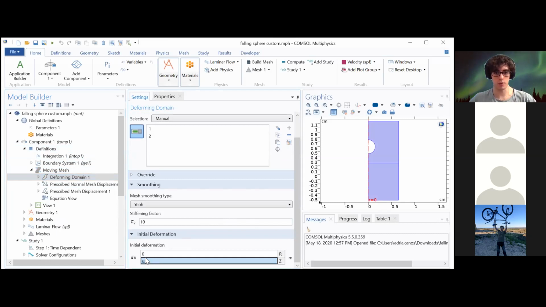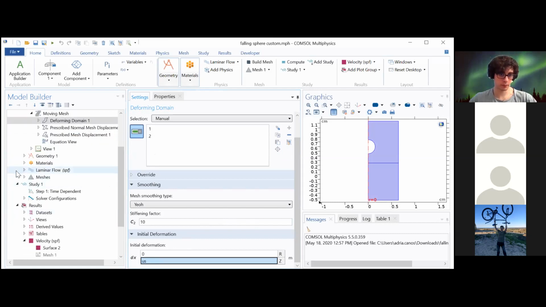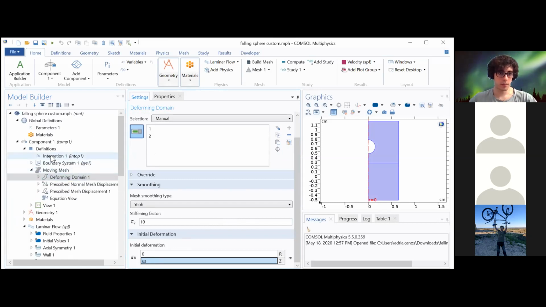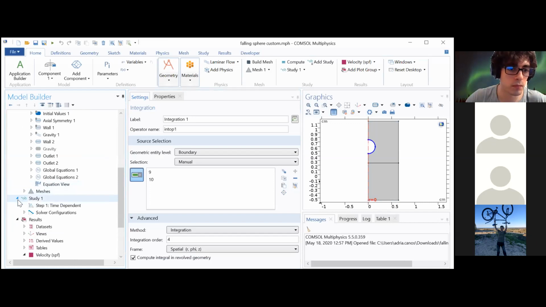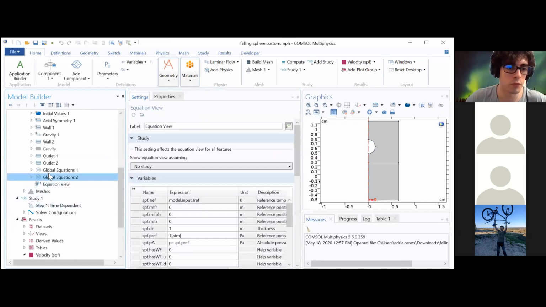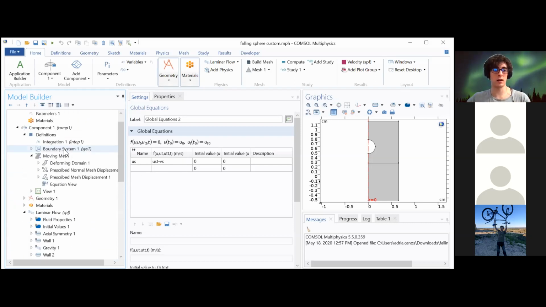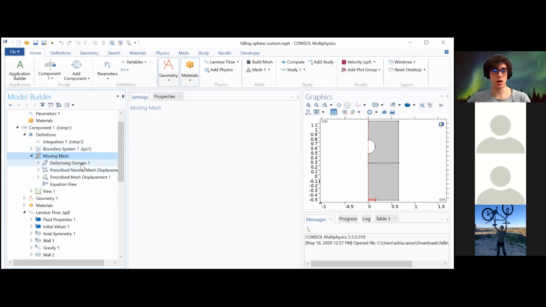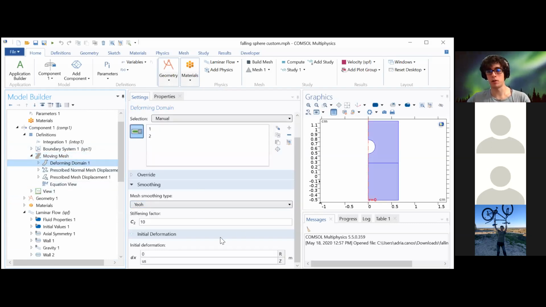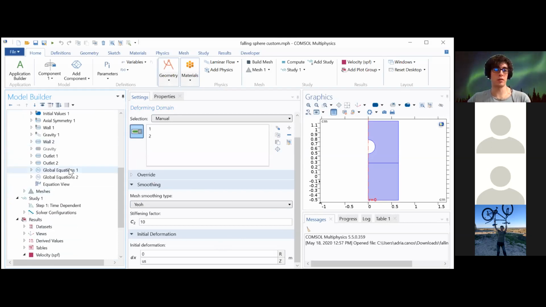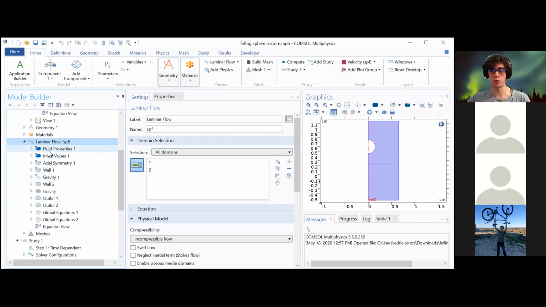Here I added a variable US, which corresponds to the solution of the global equations that I also defined here. US is a solution to the differential equation that corresponds simply to the force balance. Then you can add it in the moving mesh as a prescribed deformation of the mesh. And with this, you solve the laminar flow for the fluid.